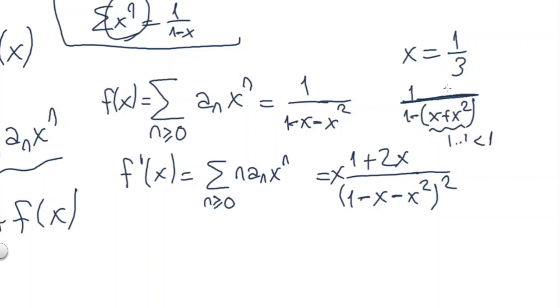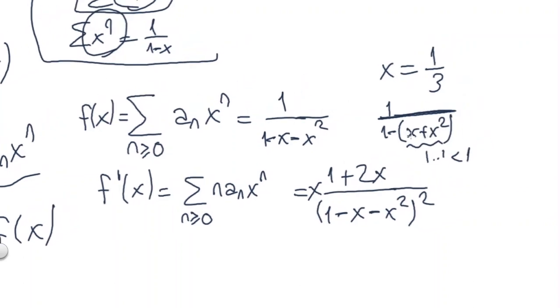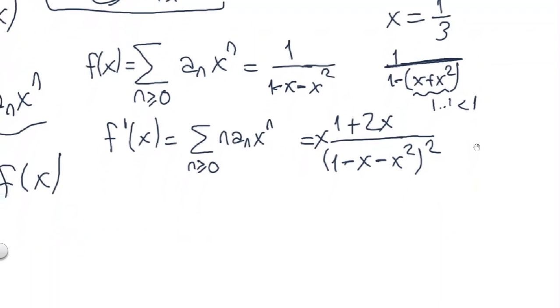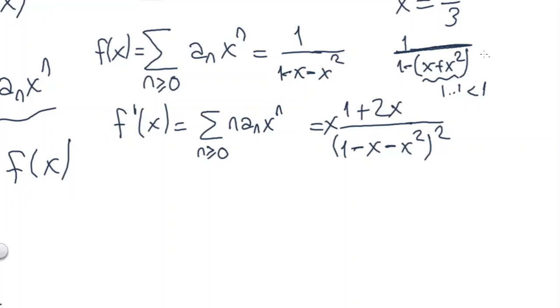And if I put x equal to 1 over 3, so 1 over 3 plus 1 over 9 is of course less than 1. So there is no problem. Okay, so I can just put x equal to 1 over 3. And when I take the derivative, the radius of convergence doesn't change. So I can still put 1 over 3. It's why I check this one. I don't want to check this one.